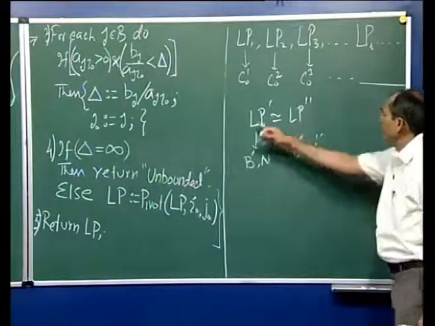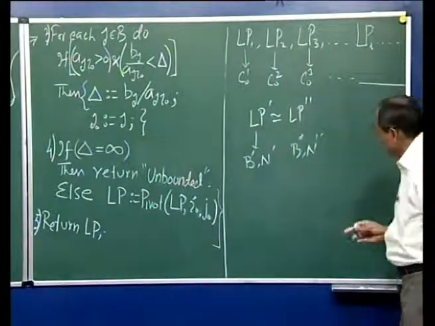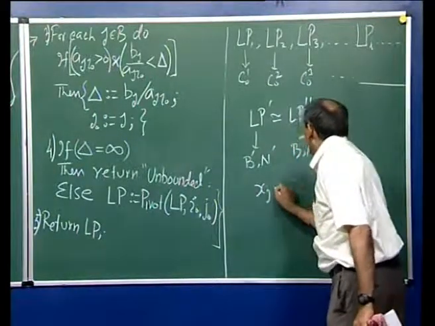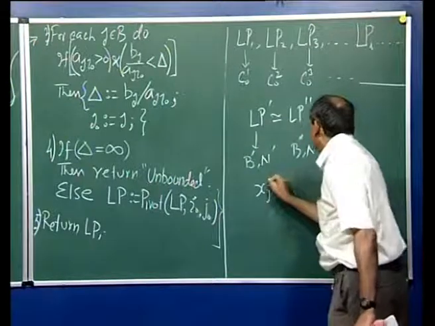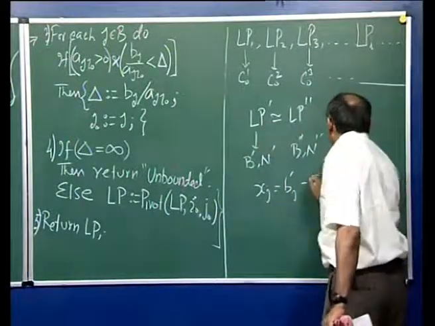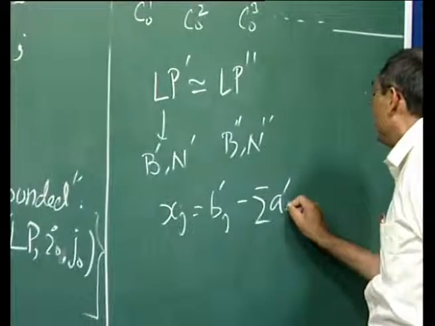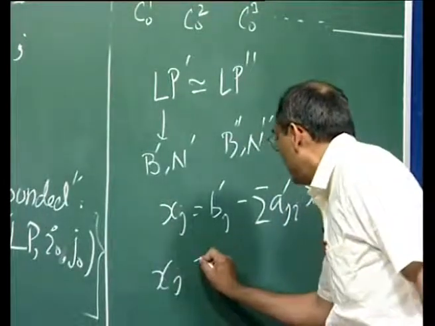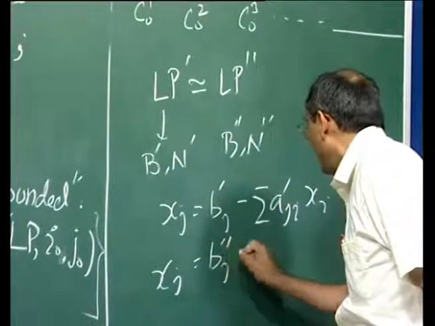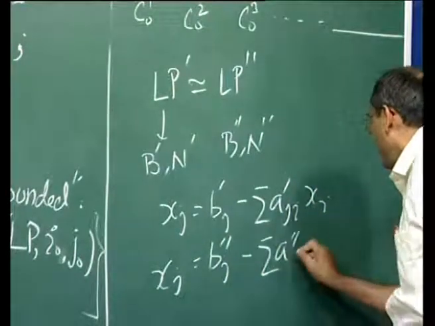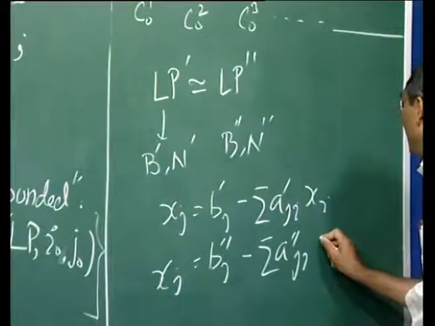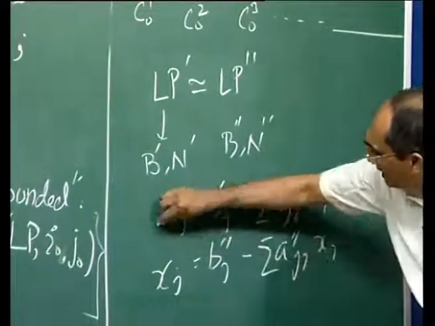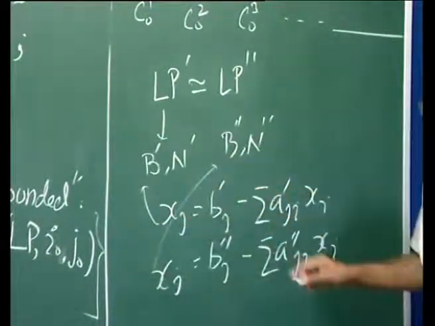If they are the same and these are equivalent, then it's not too difficult to see that x_j equals b'_j minus sum a'_ji x_i, and x_j equals b''_j minus sum a''_ji x_i. We will have these two equations, one in this case and one in the second case.